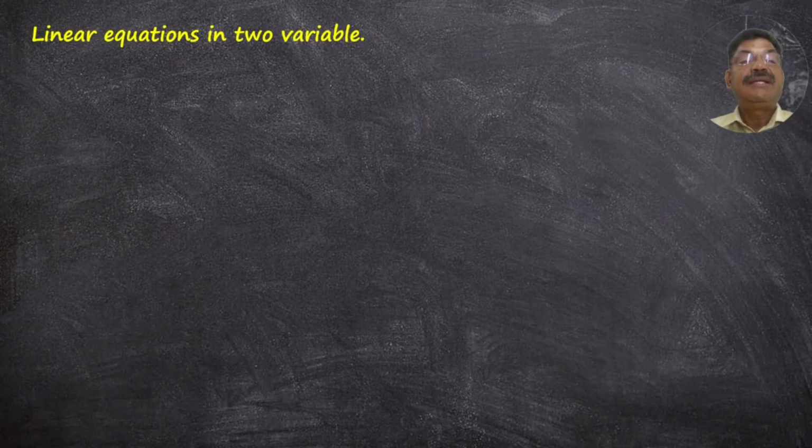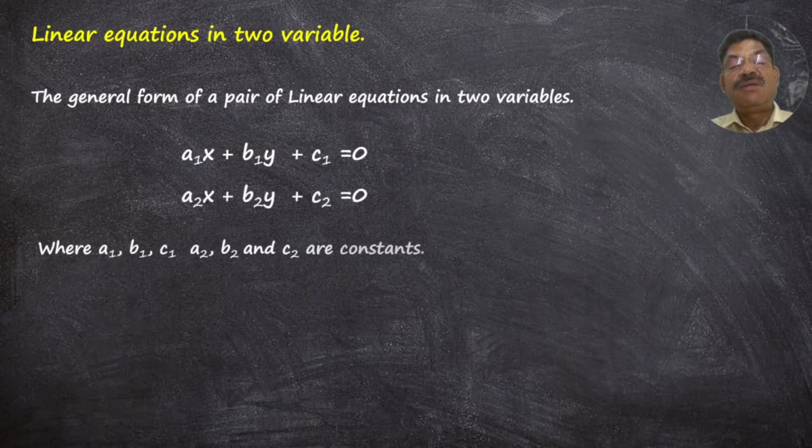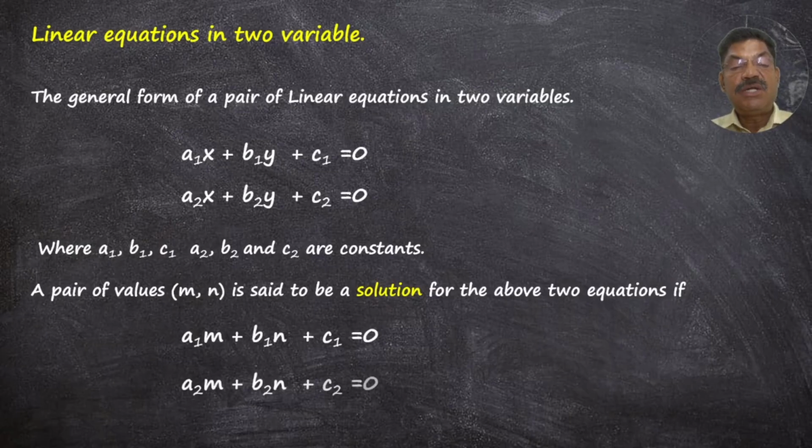Now let us see linear equations in two variables. The general form is a1x plus b1y plus c1 is equal to 0, a2x plus b2y plus c2 equal to 0, where a1, b1, c1 and a2, b2, c2 are constants, and x and y are the variables. A pair of values m, n is said to be a solution for the above two equations if a1m plus b1n plus c1 equal to 0 and a2m plus b2n plus c2 equal to 0.